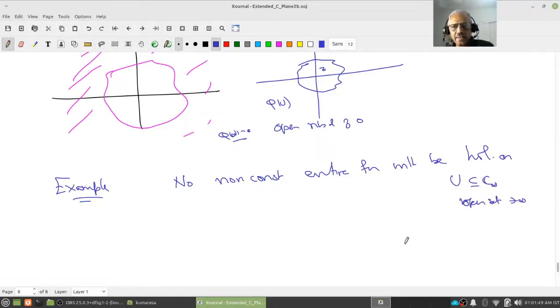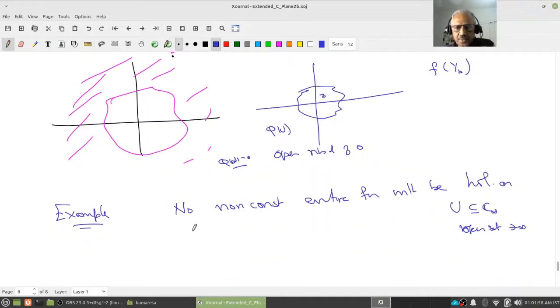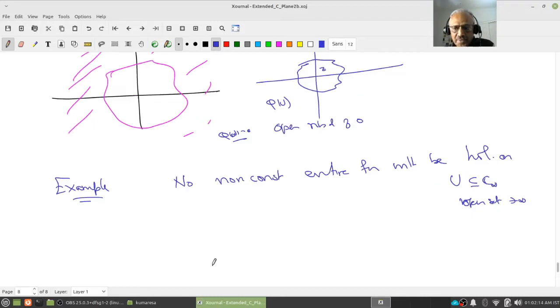Why? Because we have seen, if it's going to be holomorphic, it's going to be continuous. But we know, if a function is continuous on an open set containing infinity, then it should be bounded for large values of mod z. Therefore none of these functions will be.